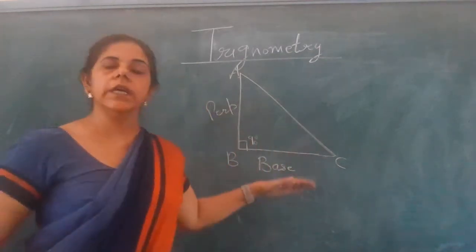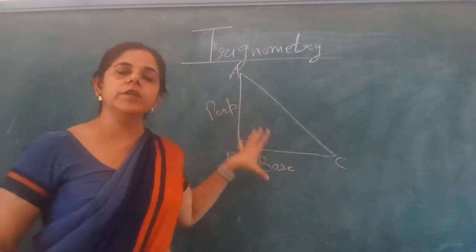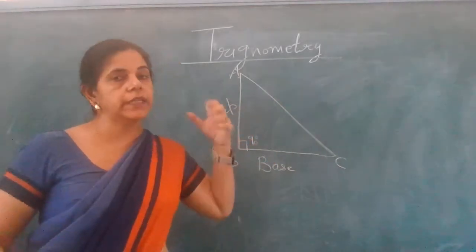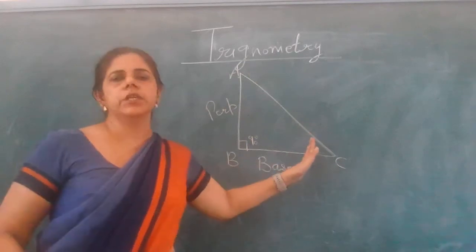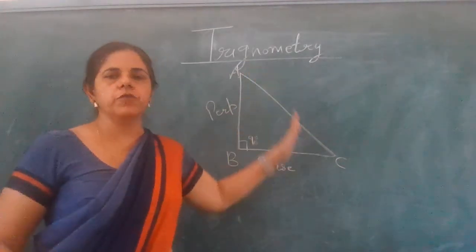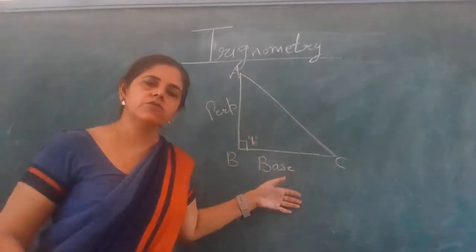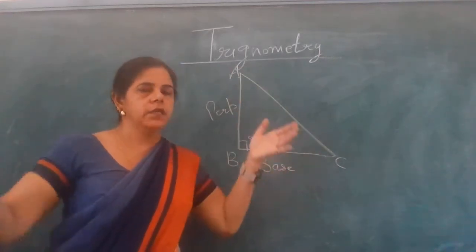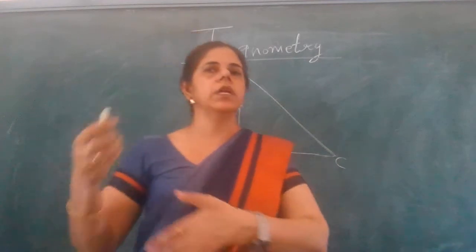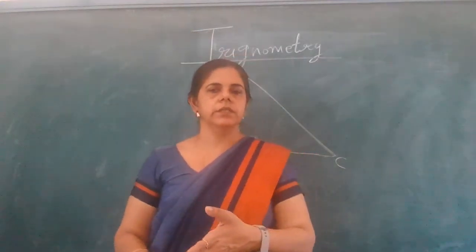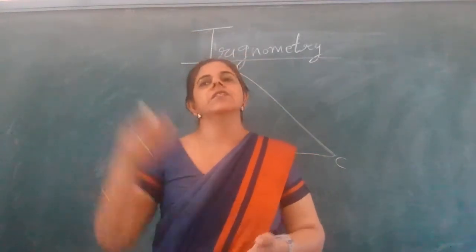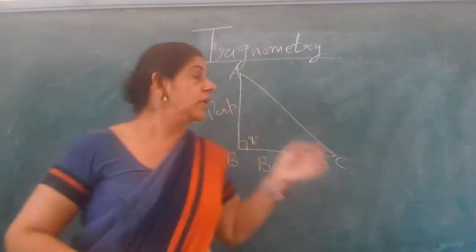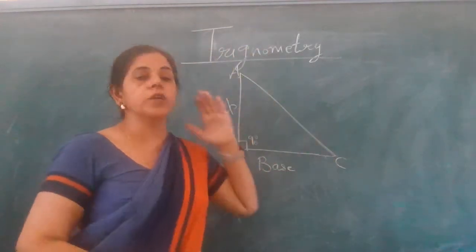This perpendicular and base, these are the two different sides, and accordingly the angles can be any: maybe 45 if it is an isosceles triangle, maybe 30 and 60 if it is a scalene triangle. And I think you all know what is isosceles, what is scalene triangle, and what is a right angle triangle. Yes, very good, you all know. Good.